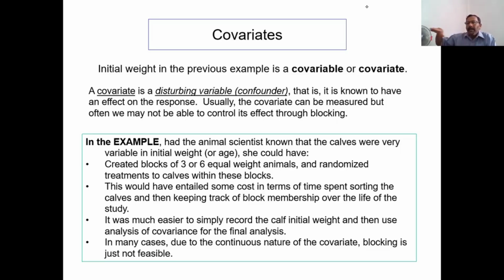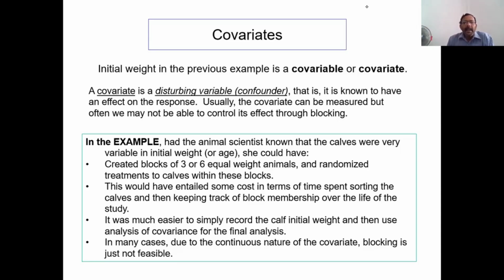If you have a kind of gradient, then we can control it using blocking. But here we cannot do the blocking. We know that there is a variation in weight, but the weight is not coming in a very nice systematic way.